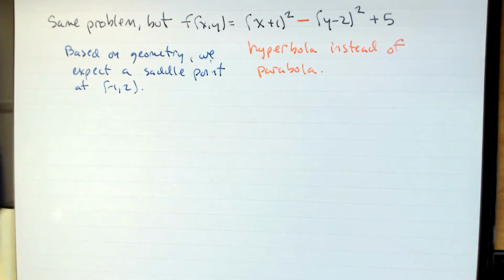Let's take a look at a picture, the saddle point. It's a high point going in one direction, but it's a low point going in the other direction. That means it's neither a local maximum nor a minimum. We'll call it a saddle point.